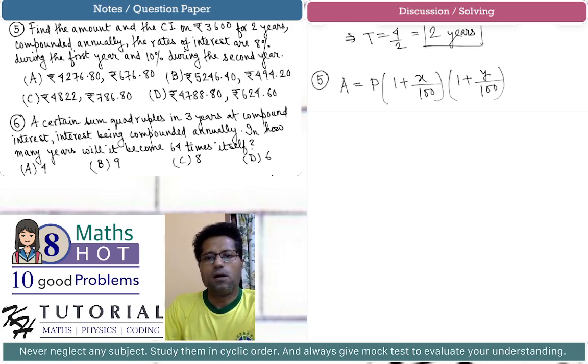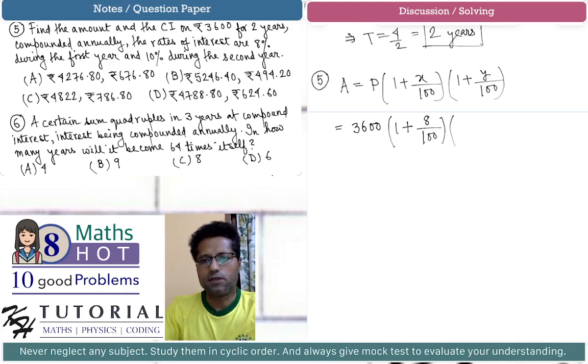So if we put the values, it has asked to find the amount and the compound interest on 3600. So P is 3600 and the rate of interest for the first year is given to be 8, so we have 8 by 100, and the rate of interest for the second year is given to be 10, so we have 1 plus 10 by 100.